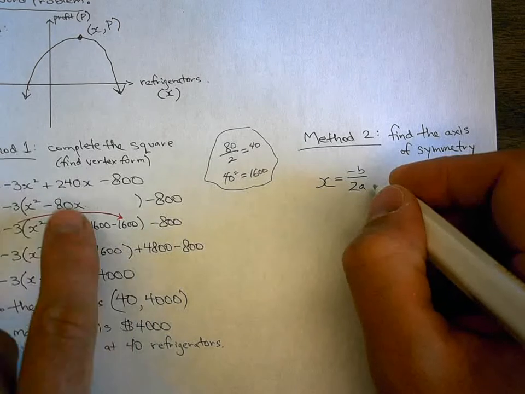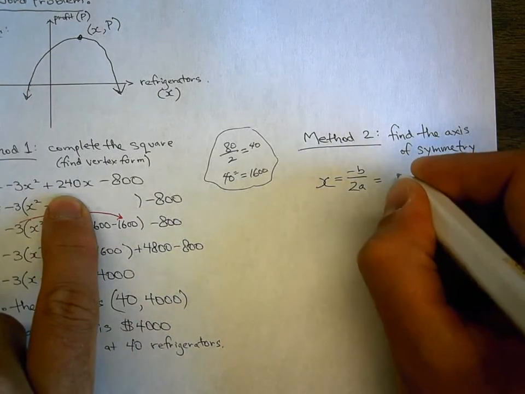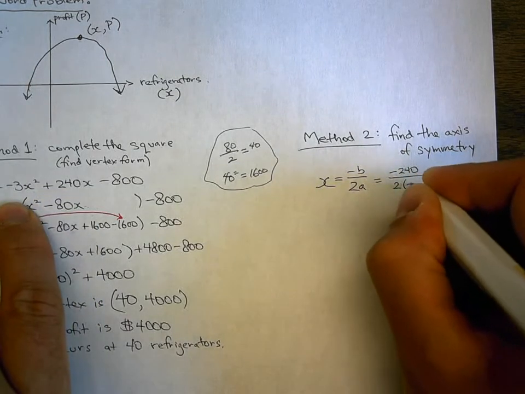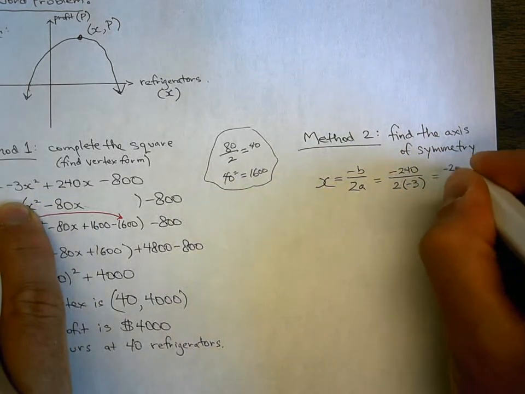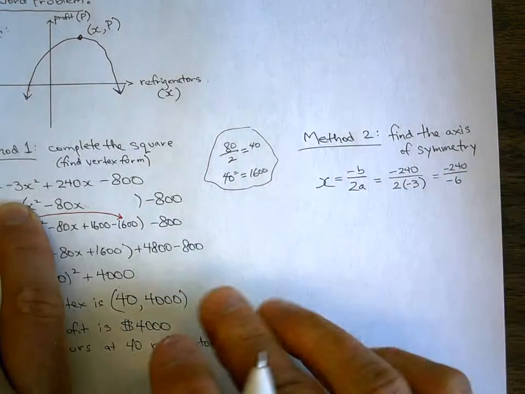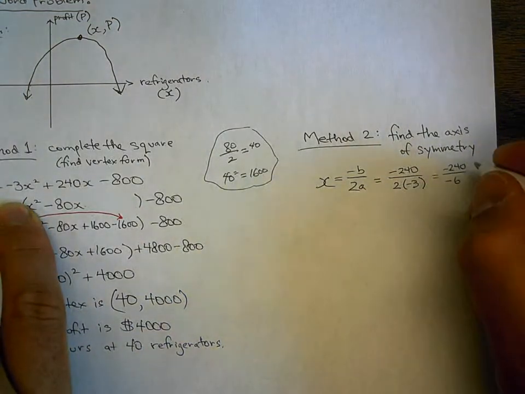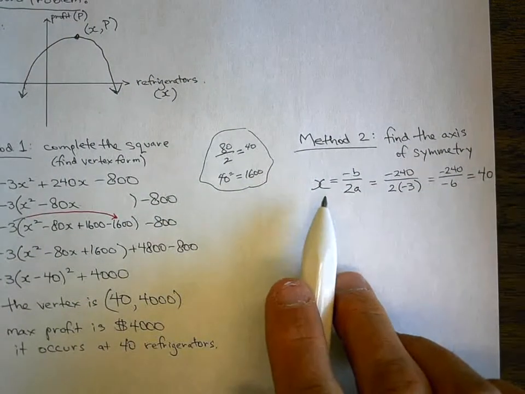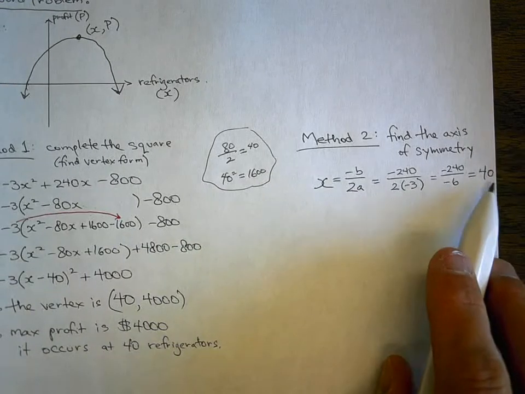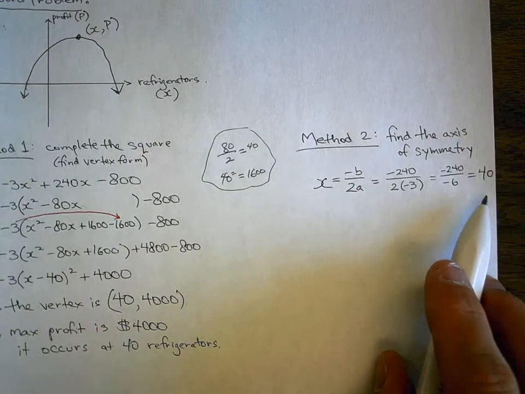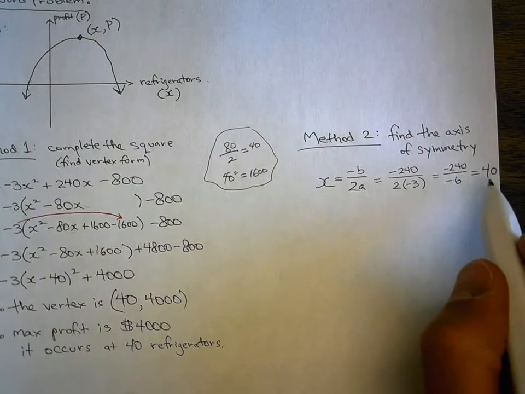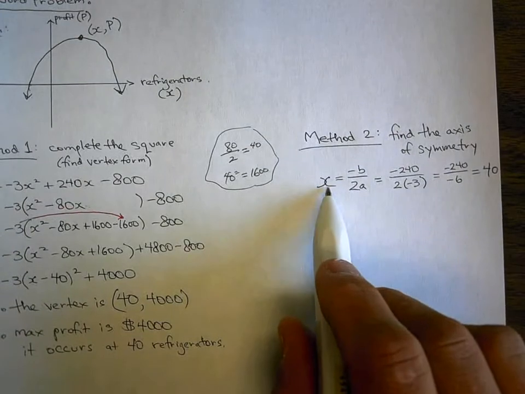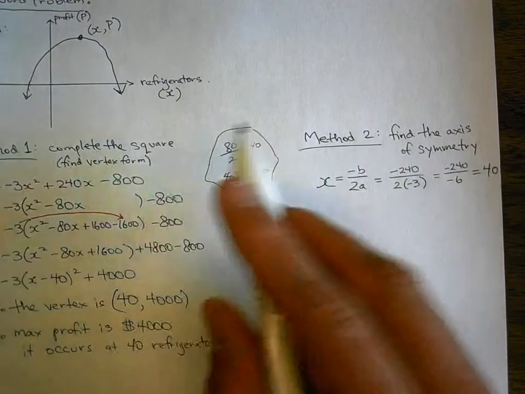The b value was 240, so I'm going to have negative 240 over 2 times a, which is negative 3. That gives me negative 240 over negative 6. 6 goes into 24, so that gives me 40. So I know now that the axis of symmetry is x equals 40. Now, to find the corresponding y value when x is equal to 40, I will just sub x back into my original equation.